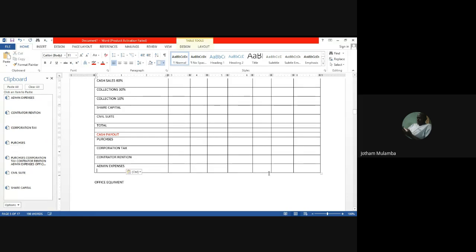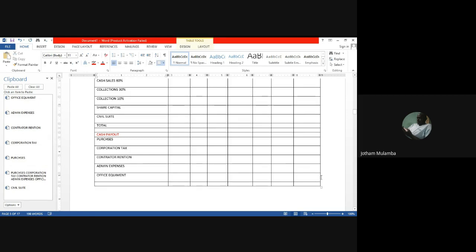After that, the next is office equipment. Then after that, we'll have total, and then after total, we'll have balance carried down.